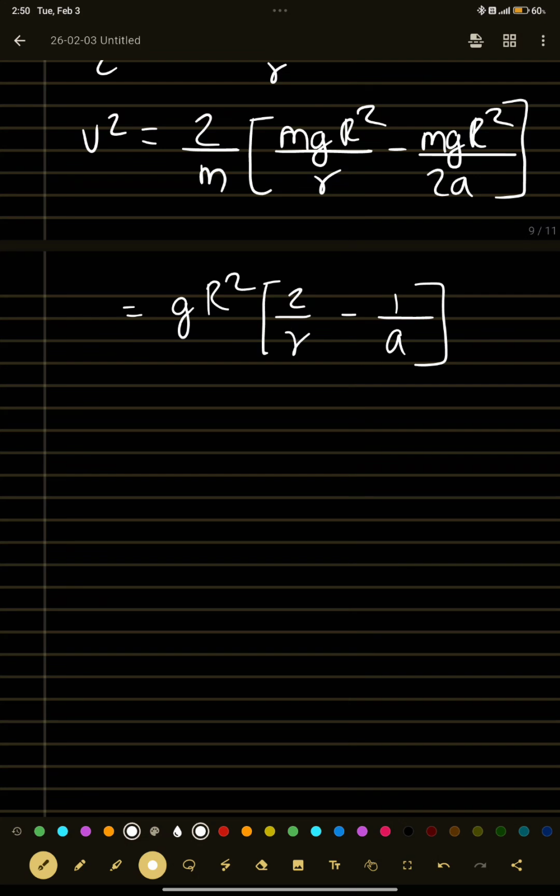Or you can also write this in the following way, 2gr square, and also write like this. Same.